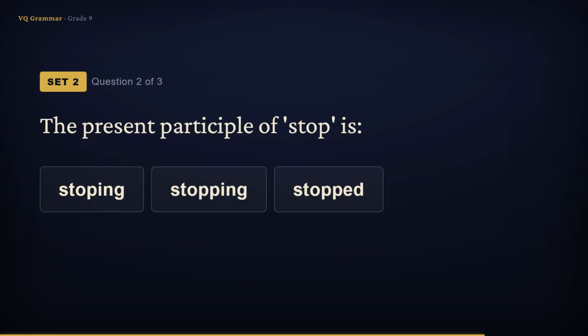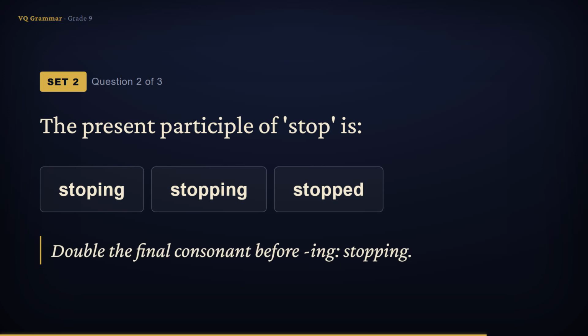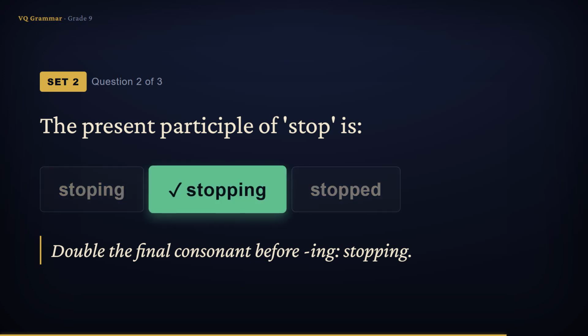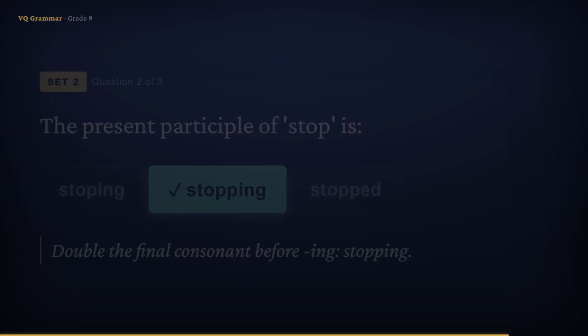We want the present participle of stop. Stop ends in a single vowel and a single consonant. So before we add ing, we double that final p. The result is stopping with 2 p's. Stopping with 1 p isn't a word, and stopped is the past. So the present participle is stopping.